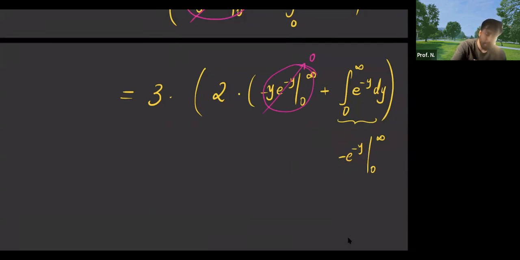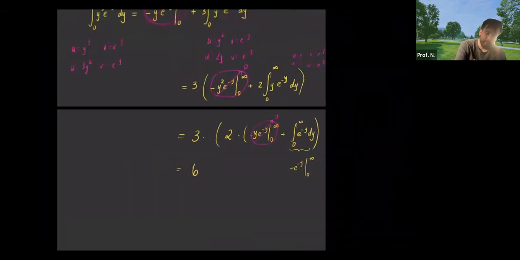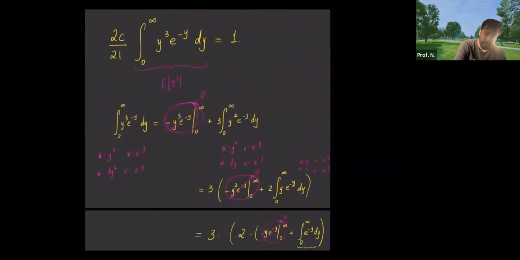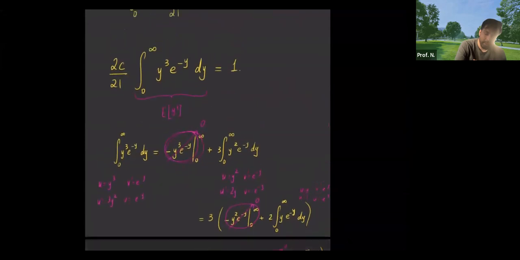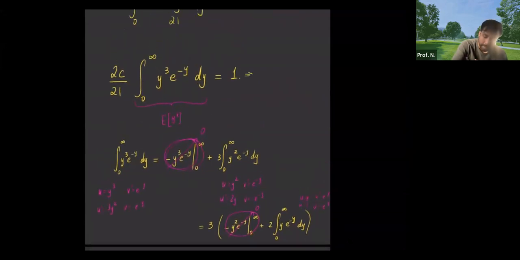This will equal 1. So when you multiply, you get 3 times 2, which is 6. So this entire integral is 6. So you get 2c over 21 times 6 equals 1. You can cancel out the 3. This becomes 2, this becomes 7. So you get 4c over 7 equals 1. So c is 7/4.